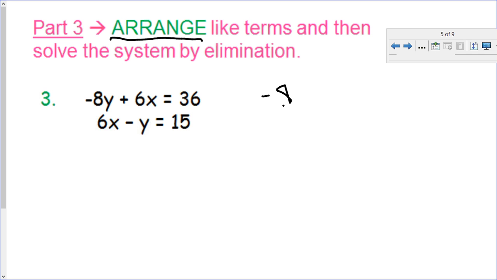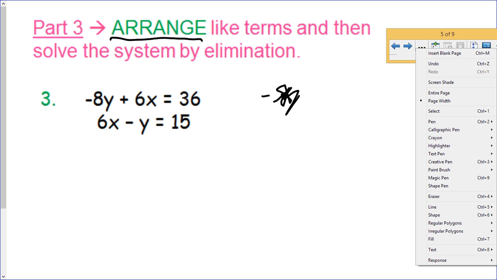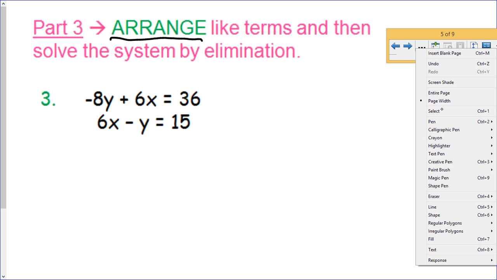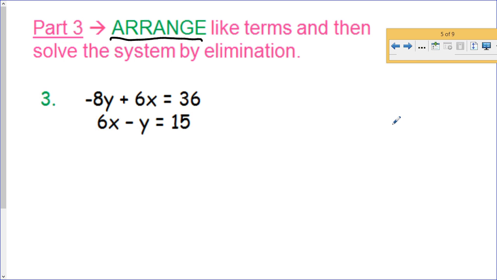I'll have a negative 8. That didn't look very good. Let's try that again. I can erase it. Okay, let's try that one more time. A negative 8y plus 6x equals 36.